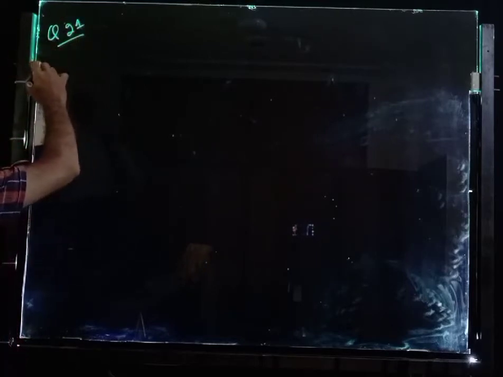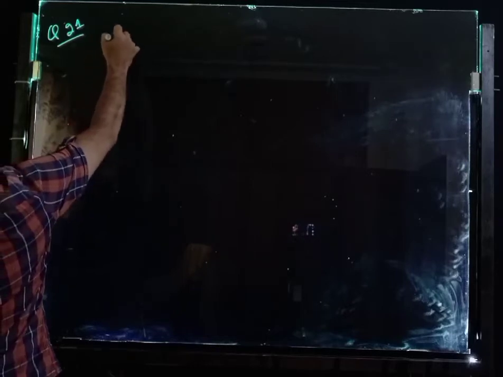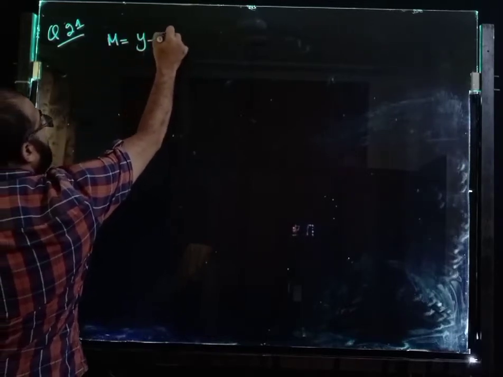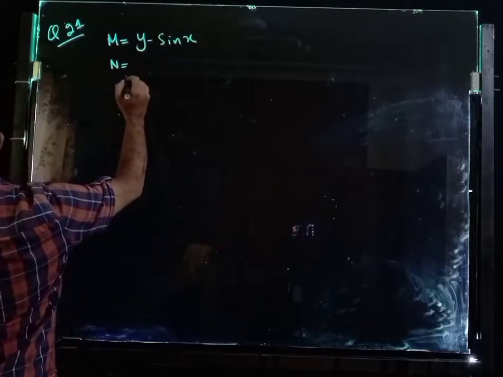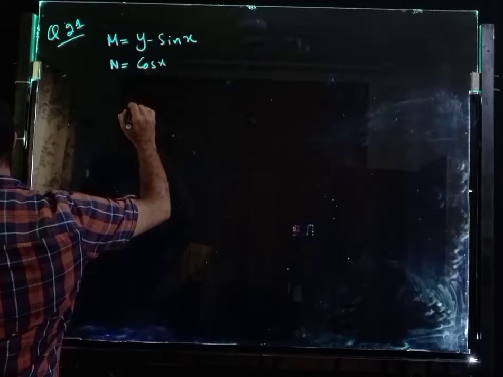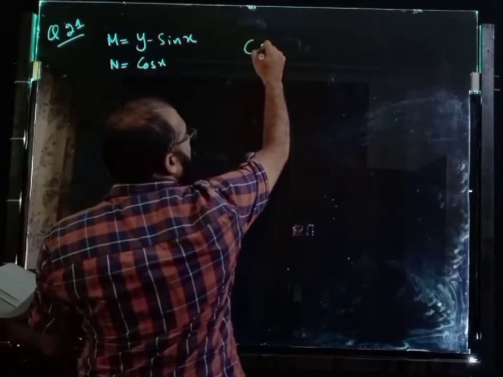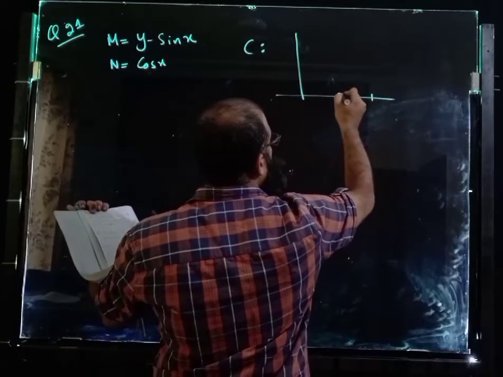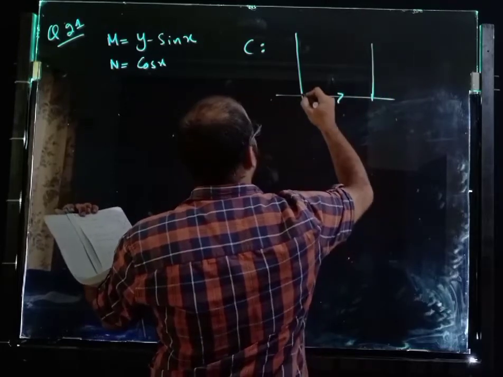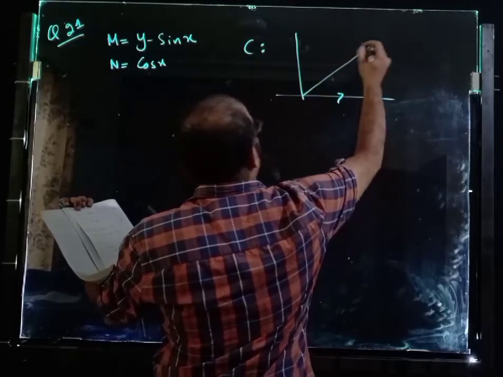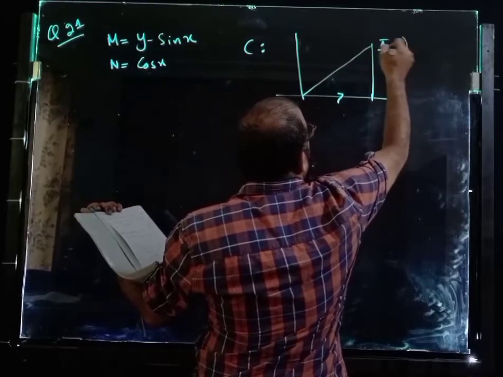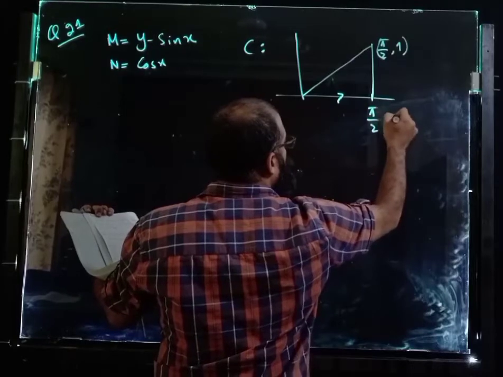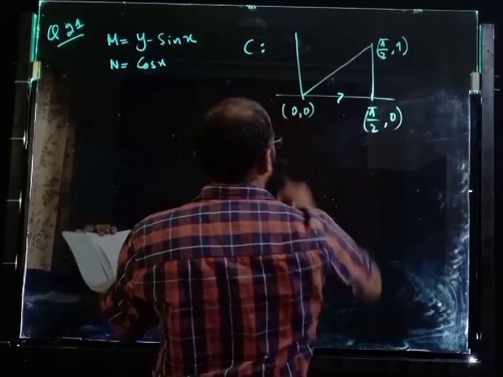Just in this solved problem number 21, he says verify Green's theorem for M equal y minus sin x and N equal cos x, where the closed curve C is defined by the points pi by 2, 1, pi by 2, 0, and the origin 0, 0.